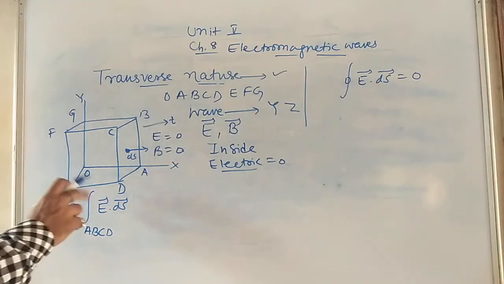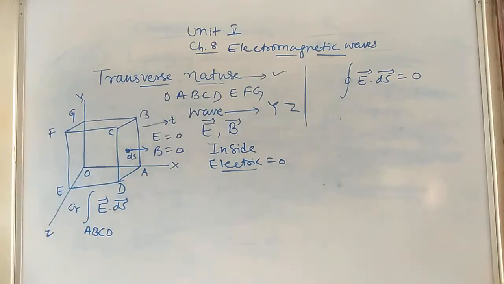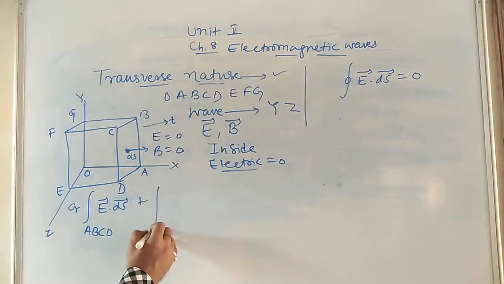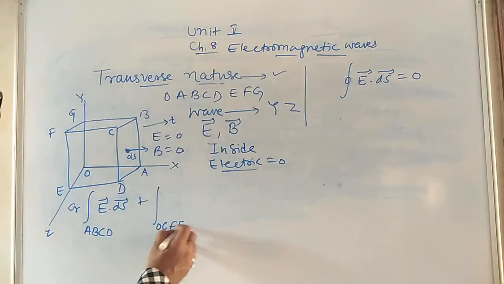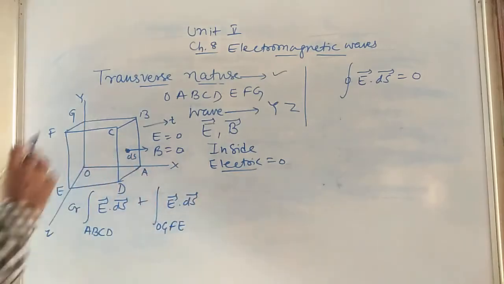Then A, B, C, D, plus the face opposite to it, O, G, F, E, E dot ds with these two faces.